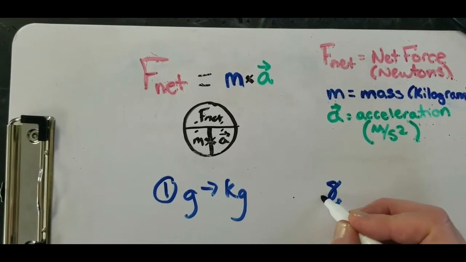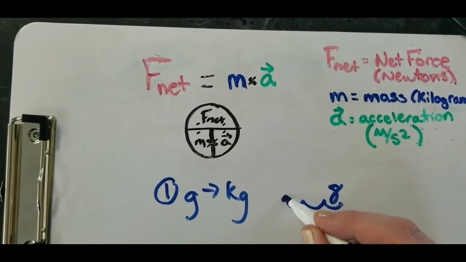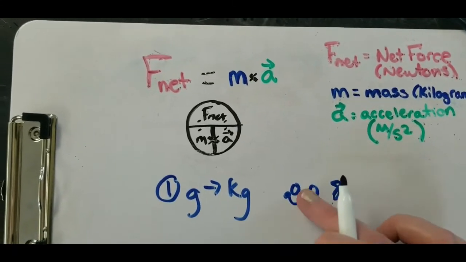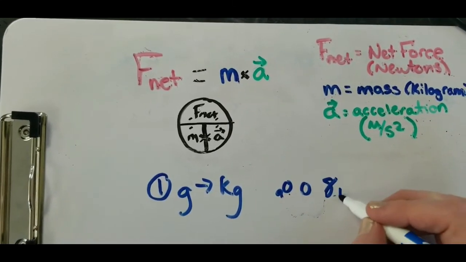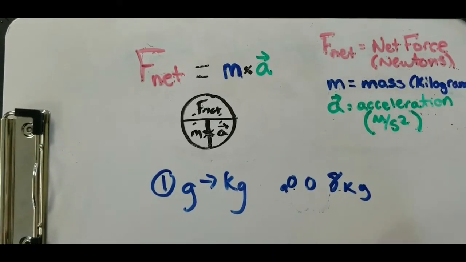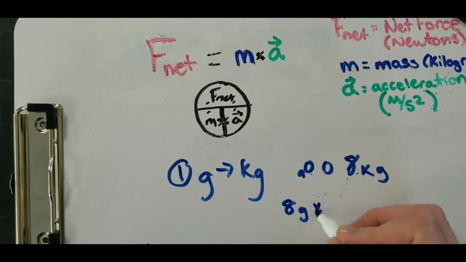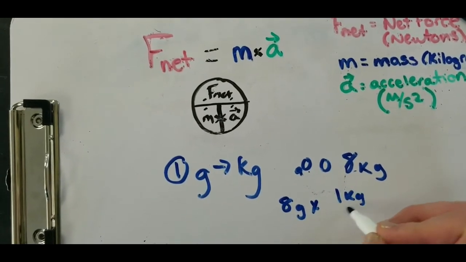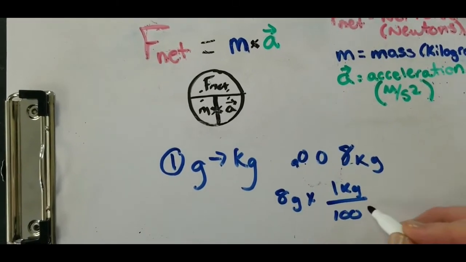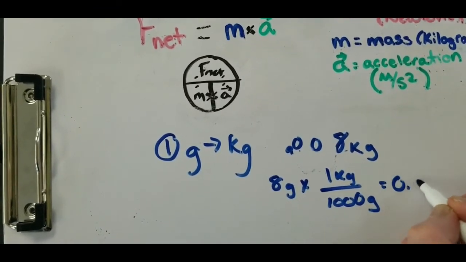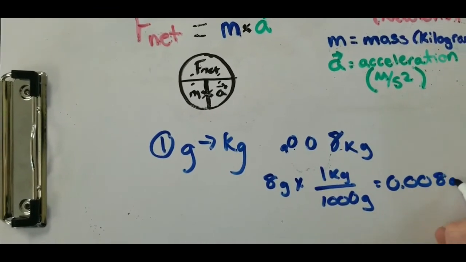So deca, hecta, kilo, and that is now my mass in kilograms. Otherwise, you can do 8 grams times 1 kilogram over 1,000 grams, and you'll arrive at the same answer.